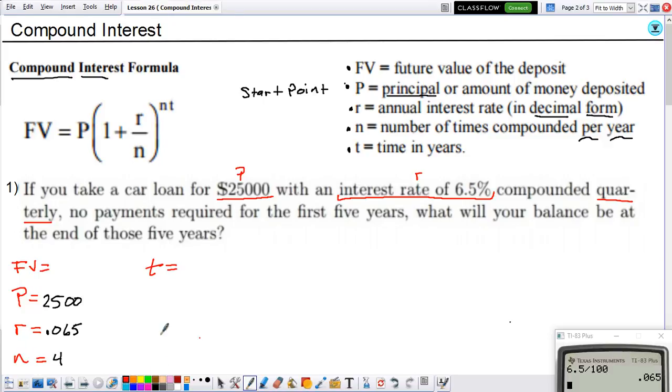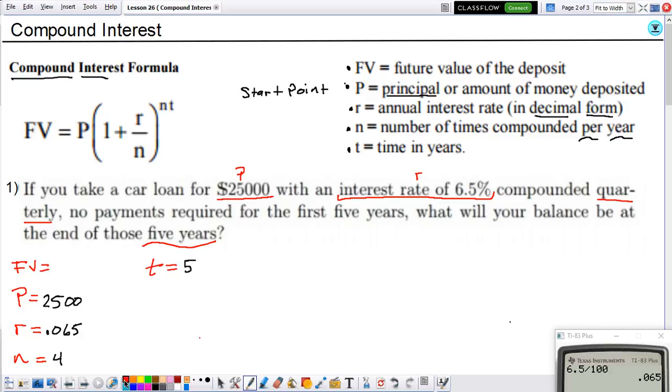And now we keep reading. No payment required for the first 5 years. What would your balance be at the end of those 5 years? So here, t holds a value of 5.